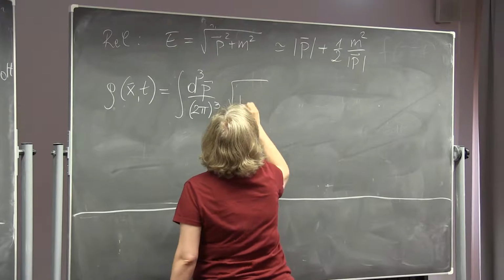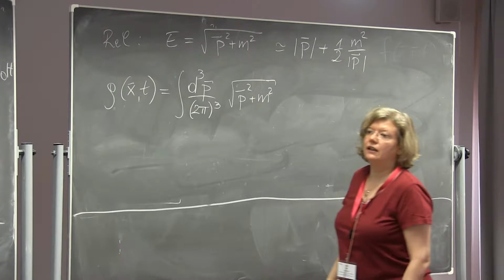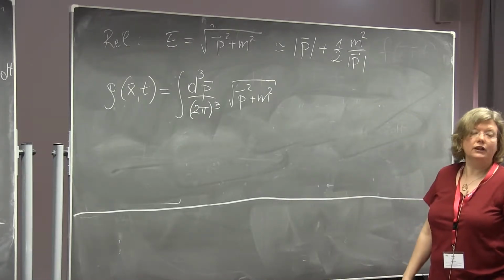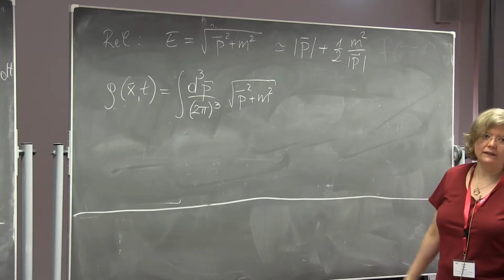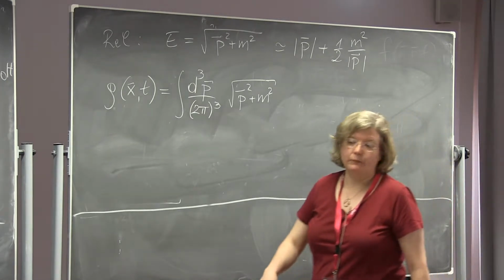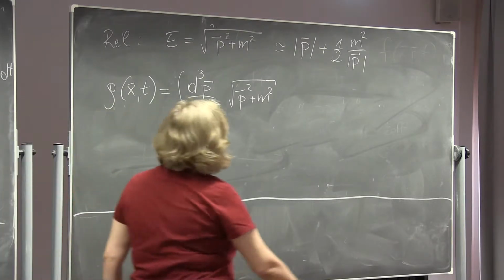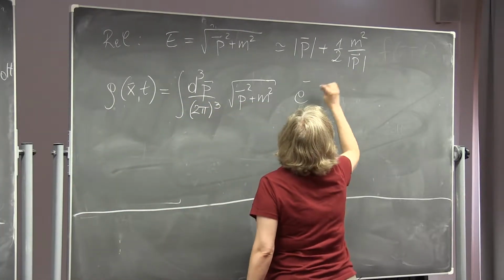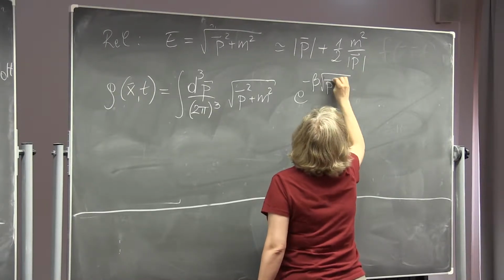Then I have to plug in a distribution function, for example the equilibrium one. Of course, I could plug in Bose-Einstein or Fermi-Dirac, but what I will use is the Boltzmann distribution, since in the dilute limit both Fermi-Dirac and Bose-Einstein reduce to it. So here you can write the usual e to the minus beta E, with E again the square root of p squared plus m squared.